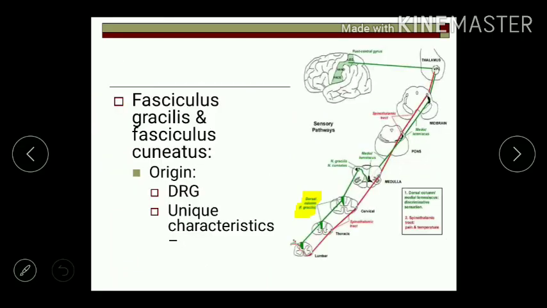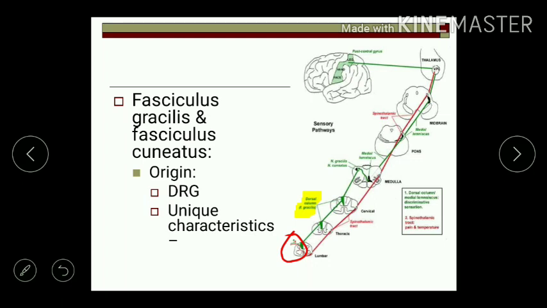Now, fasciculus gracilis and fasciculus cuneatus. Let us discuss the origin, course and termination of these tracts. These tracts originate from the DRG, that is, the dorsal root ganglion. You can see here in the diagram, this is the dorsal root ganglion. We have already discussed that a ganglion is a collection of cell bodies outside the central nervous system.